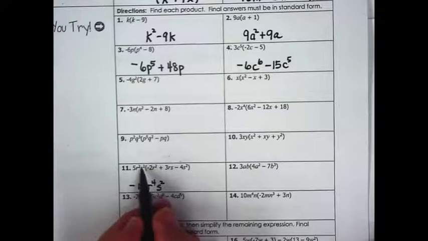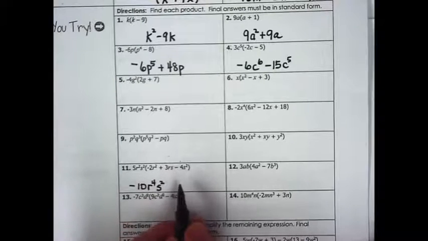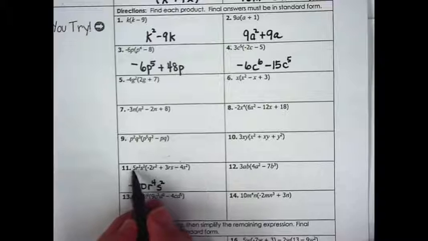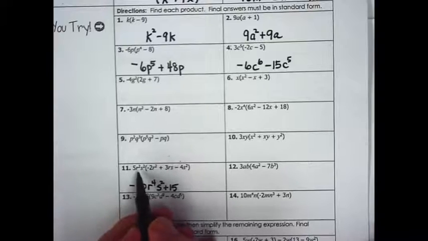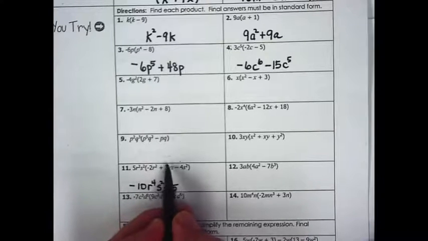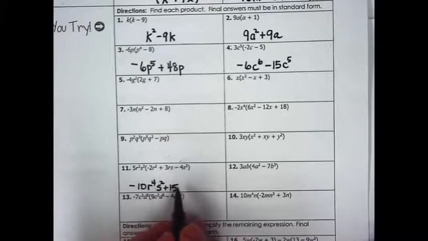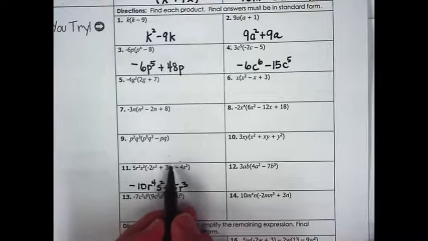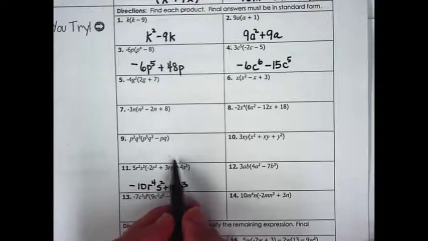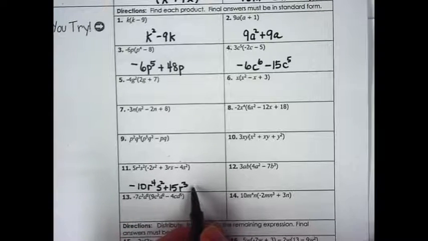Now it's this term times the middle term, positive 3rs. So number times number, 5 times 3, that's positive 15. R's times r's, r squared times r to the first is r cubed. And here I have an s to multiply with, so I have s squared times s is s cubed.